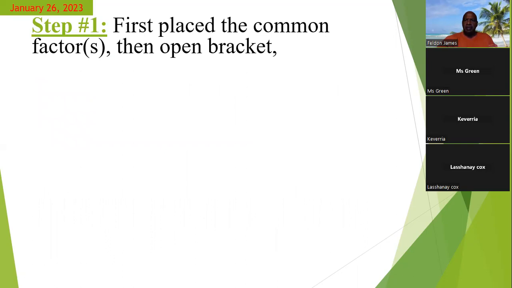When we're dealing with the HCF method, these are the steps that you're first going to follow. Step one, you should identify a common factor. Once you identify the common factor, you're going to position the common factor, then you're going to open brackets.